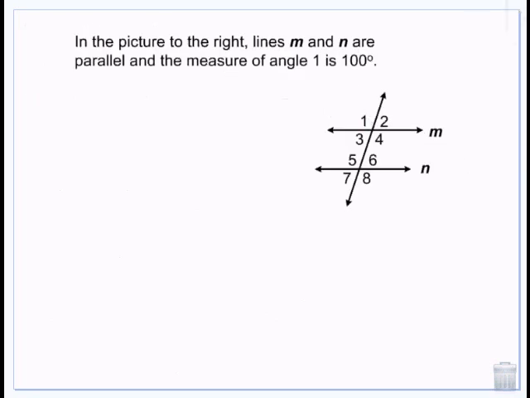Okay, if angle 1, that's this one, that's the same as these ones, right? And then I said these ones were the same. So if angle 1 is 100, what's angle 2? 80. Okay, so then angle 3 is, 4 is, 5 is, 6 is, 7 is, 8 is.